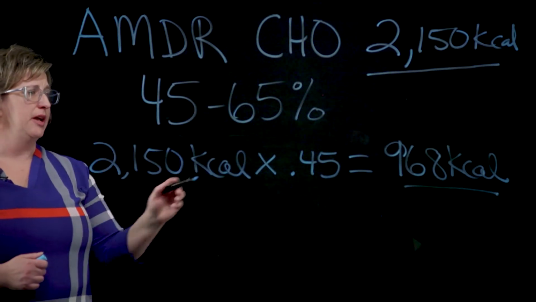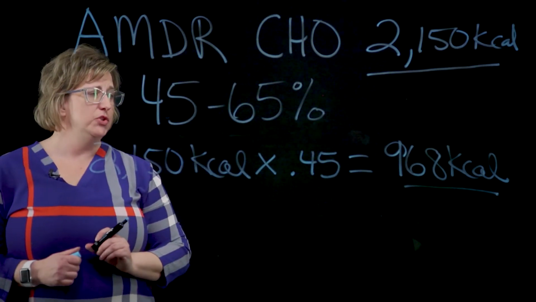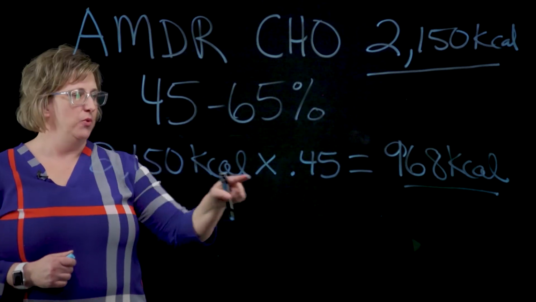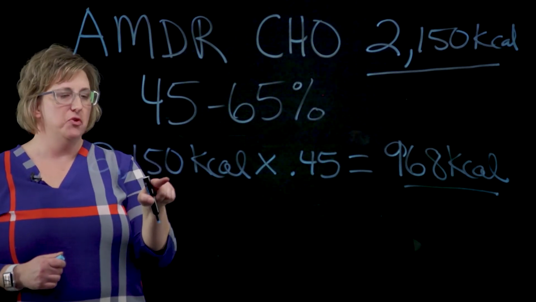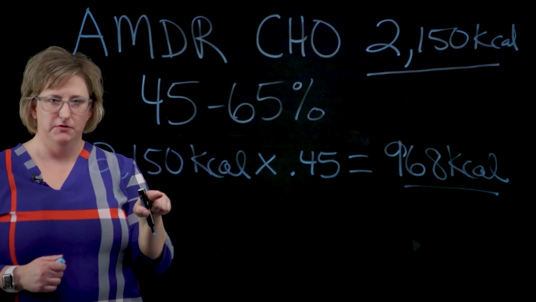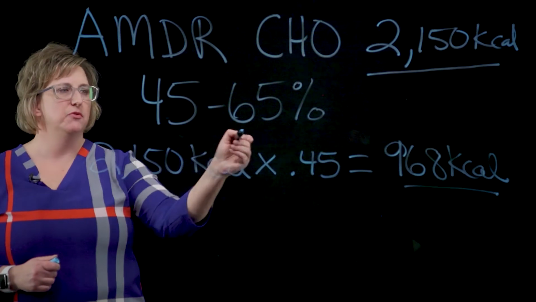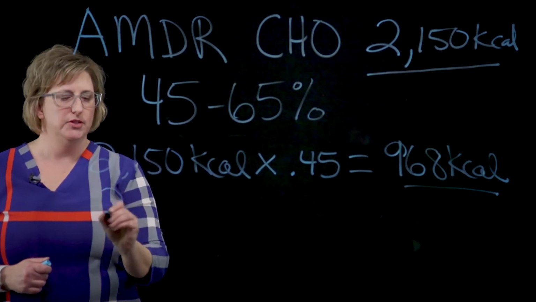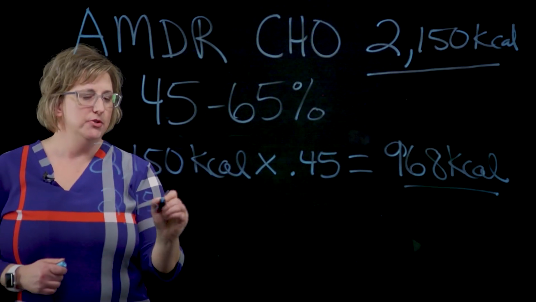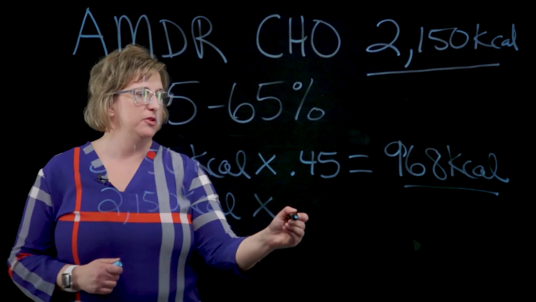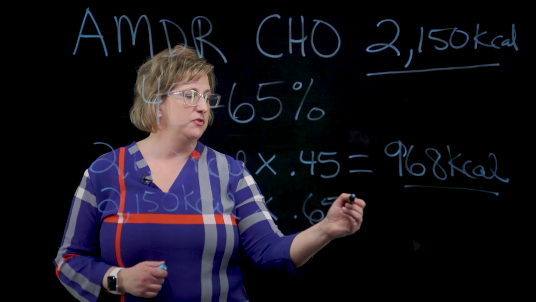So if you were doing that, what you would have seen is that you get 968 kcals when you multiply 0.45 by 2,150. So that is going to give us part of our range, but now of course we have to do it for the 65%. So let's go 2,150 kcals times, what do we do it by? 0.65.